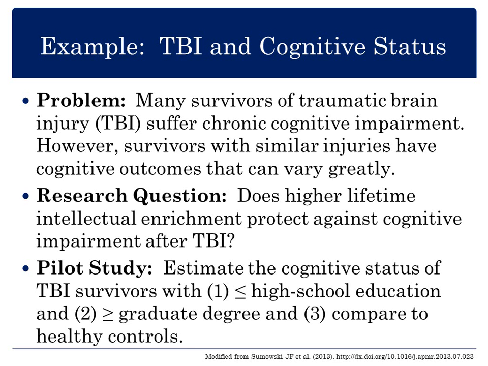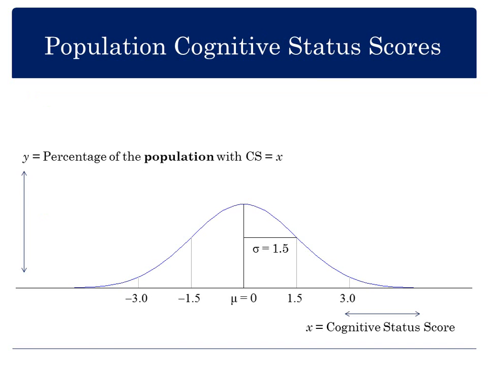We're going to look at TBI survivors on the low end of the spectrum, which would be someone who has a high school education or less. We're going to look at the higher end of the lifetime intellectual enrichment scale, which is someone who has at least a graduate degree. And then eventually we're going to compare them to healthy controls, because that's what we would want to do in real life.